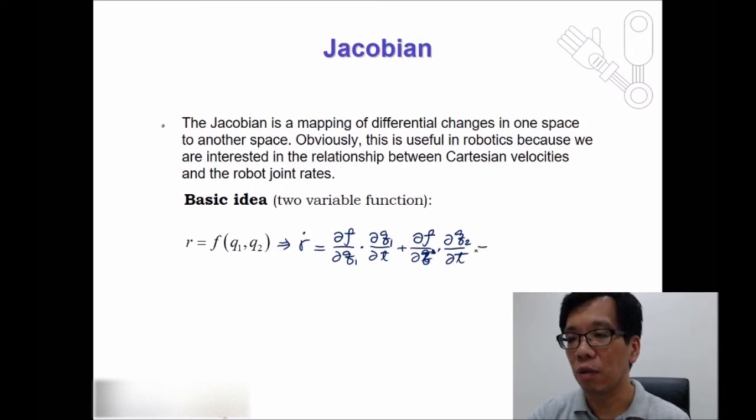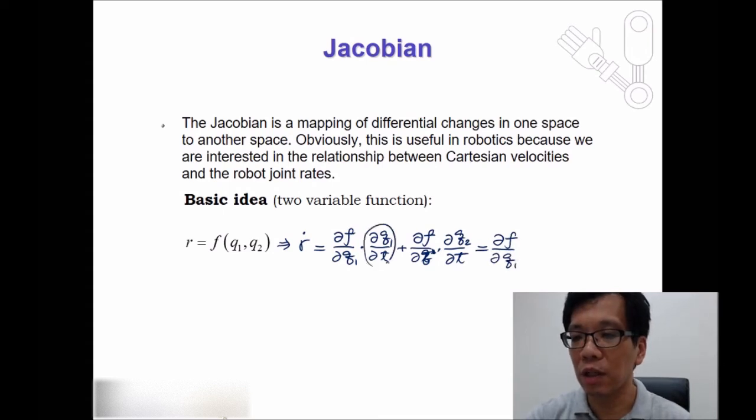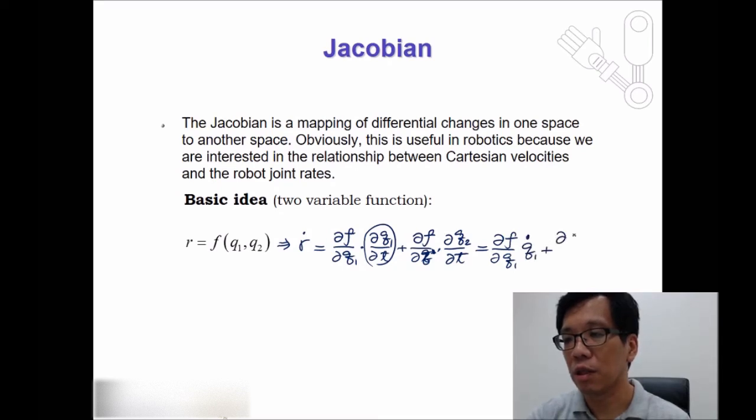So in short, what we're trying to do is partial f, partial q1, this part over here in terms of t, so we have q1 dot, plus partial f, partial q2 multiplied by q2 dot.